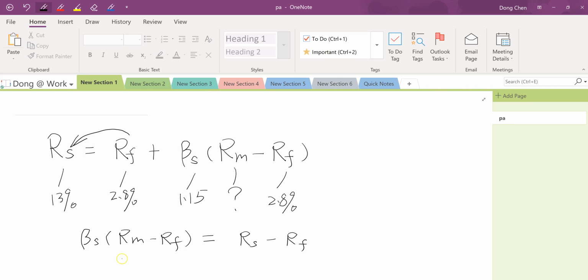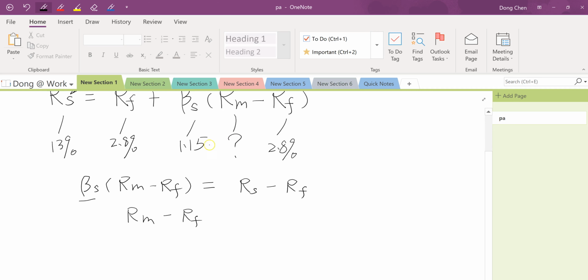Then if we divide both sides by beta S, the left hand side will become Rm minus Rf equals (Rs minus Rf) over beta S. So now I can solve out this Rm.